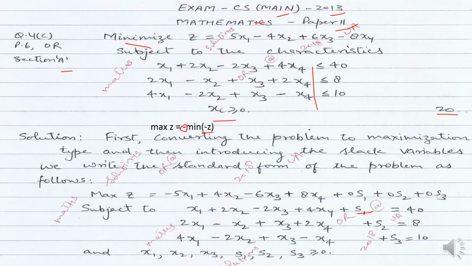Second is 2x1 minus x2 plus x3 plus 2x4 plus s2, the slack variable for the second constraint, is equal to 8, and 4x1 minus 2x2 plus x3 minus x4 plus s3 is equal to 10. x1, x2, x3, x4, s1, s2, s3 are greater than equal to 0. Now we will solve it by simplex method.